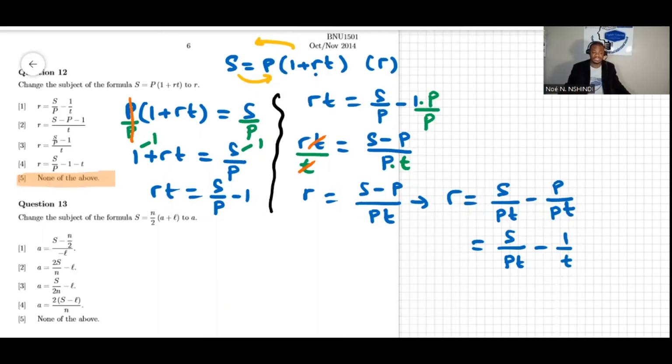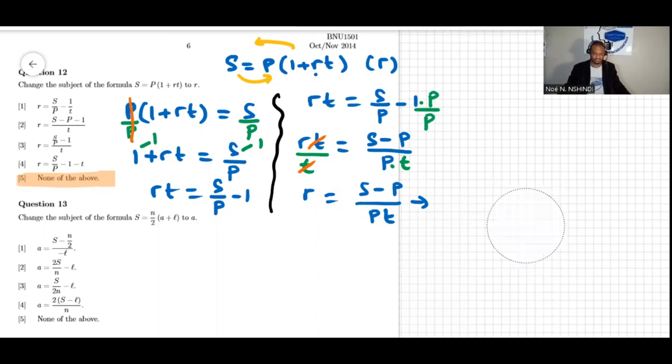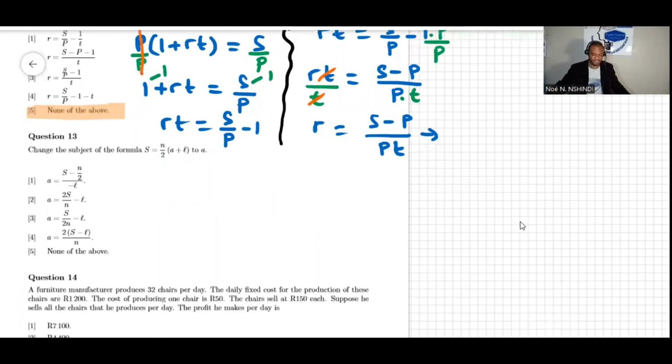The question says change the subject of the formula S equal to n over 2 times a plus L to a. All right. Now, I think I need to move these, because of space, I'm going to take those out. Now move my thing a little bit up there.